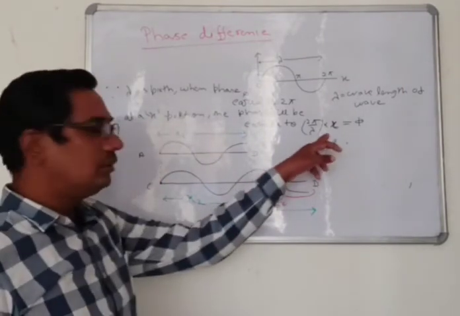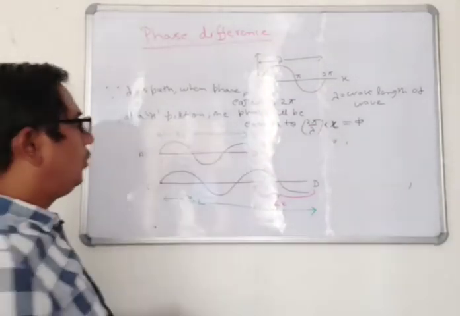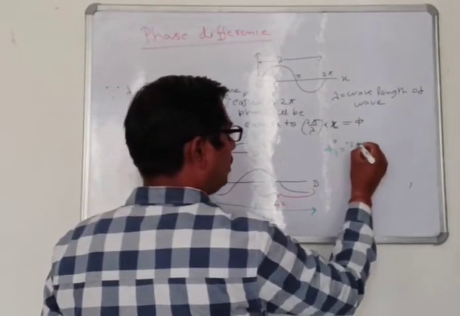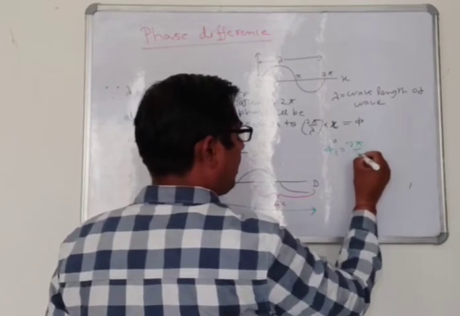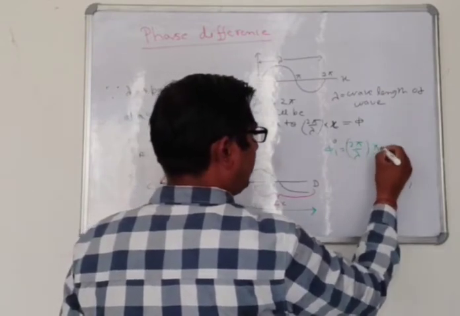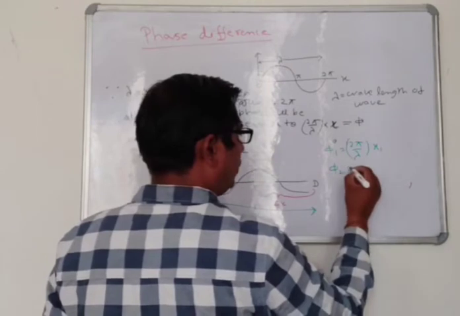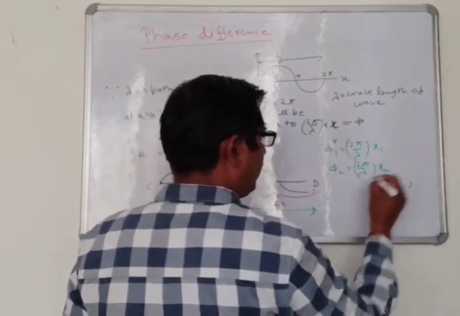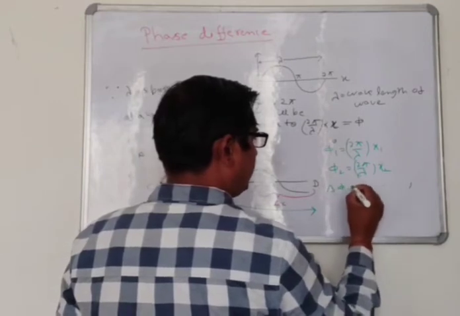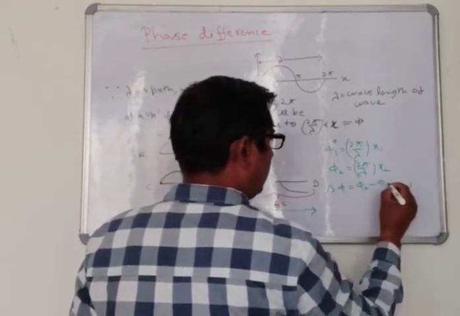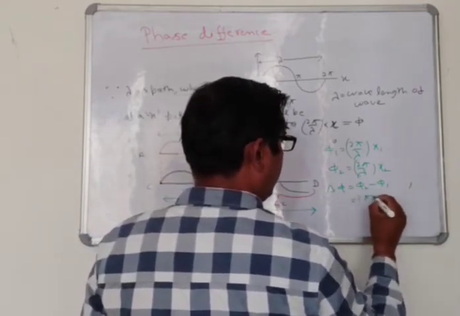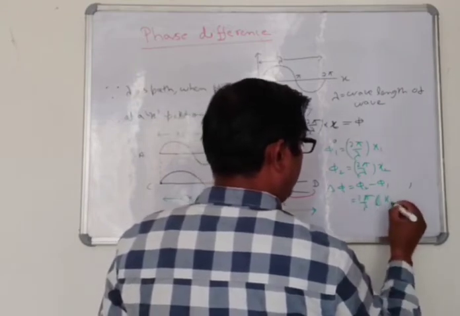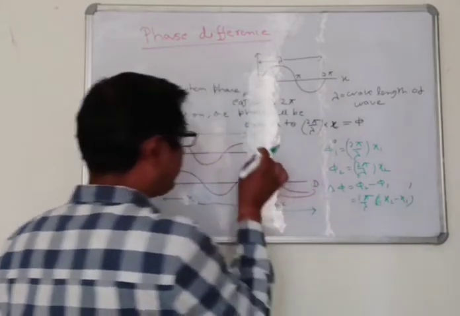You know that when the path is x1, the phase phi 1 will be 2 pi by lambda multiplied by x1, and phi 2 is 2 pi by lambda multiplied by x2, and the phase difference is phi 2 minus phi 1, which is 2 pi by lambda times x2 minus x1.